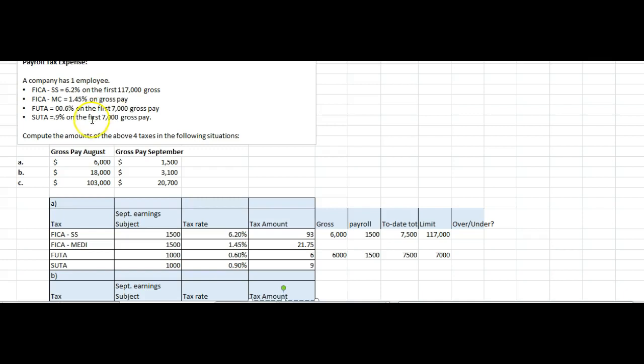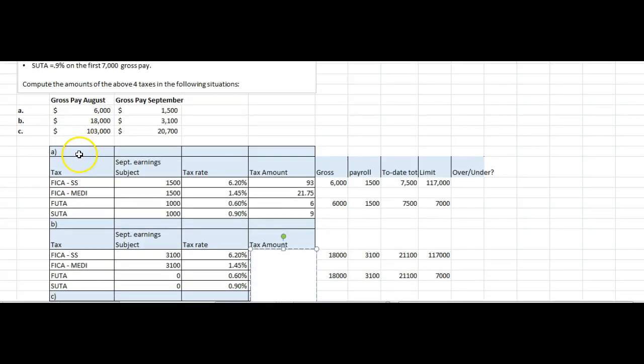So obviously, when you're looking at the very first one, they've already been paid $6,000. The payroll is $1,500. If I add those two together, that brings me to $7,500. I'm not over the $117,000 limit.